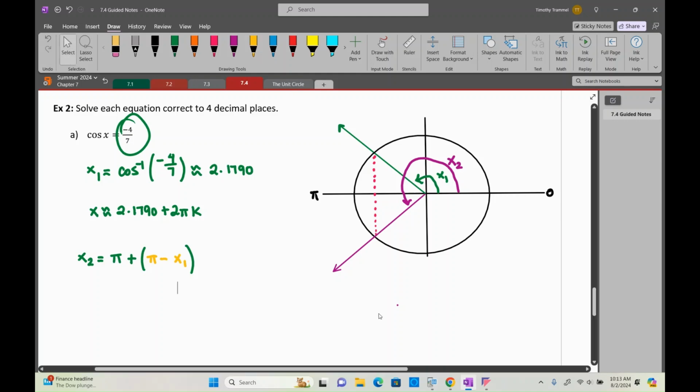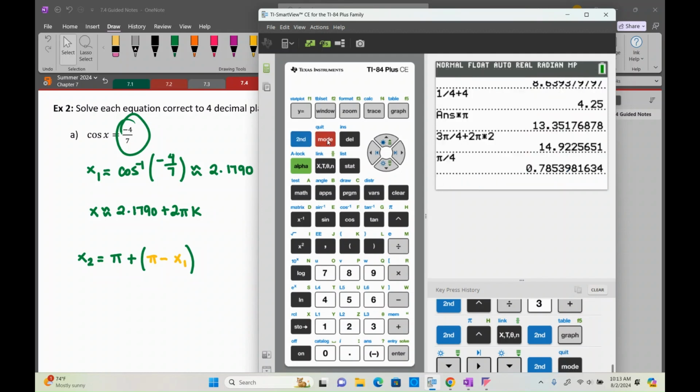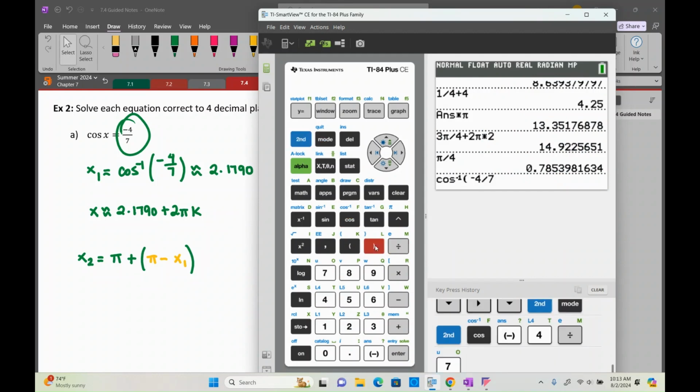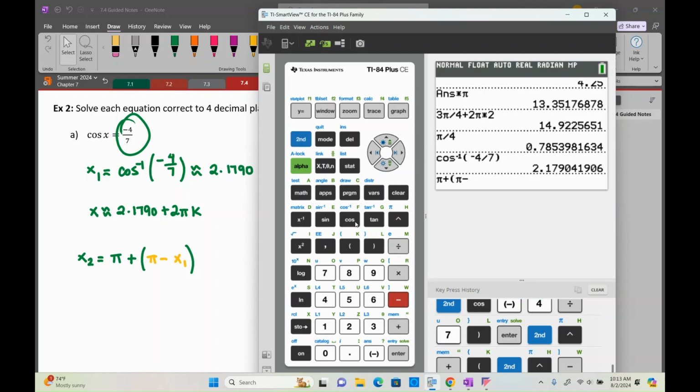Okay, so let's go ahead and get this in the calculator here now too. So let's see. We had our cosine inverse of -4/7. This is our x1. And so if you look at our work for x2, it is pi plus pi minus that angle right up above there. Yeah.